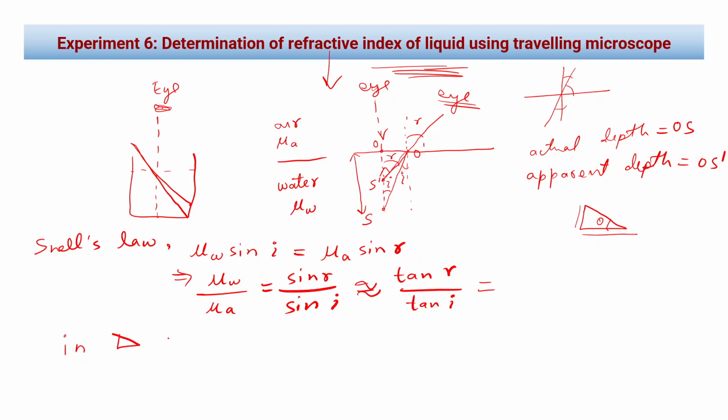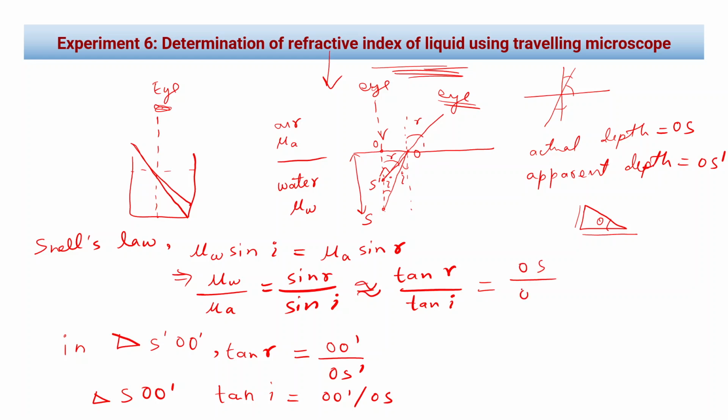This is forming a right angle triangle, triangle S prime O O prime. tan r will be O O prime divided by O S prime, and in the bigger right angle triangle S O O prime, tan I will be O O prime divided by O S. Now putting it here, we can see O O prime cancels, and what we get is O S divided by O S prime.